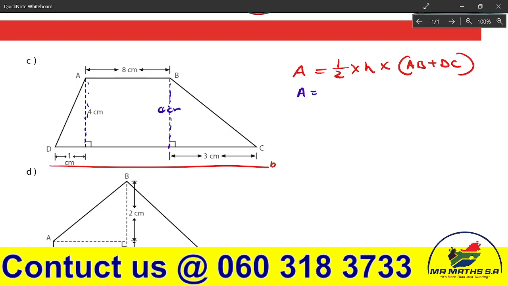So now that means the area is going to be 1 over 2, height, which is 4 centimeters, multiplied by AB, the distance AB, you can see it's 8 centimeters, and also here it's also 8 centimeters, because this distance and this distance are the same.